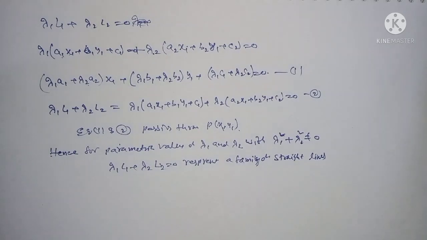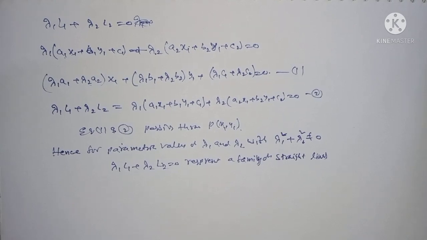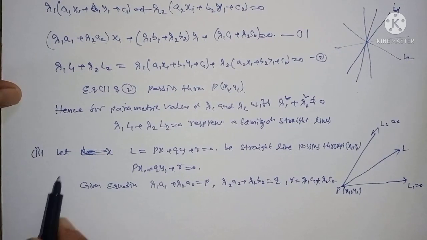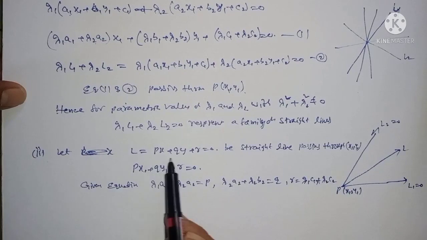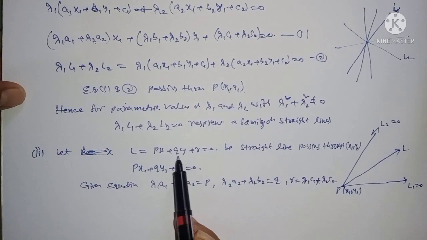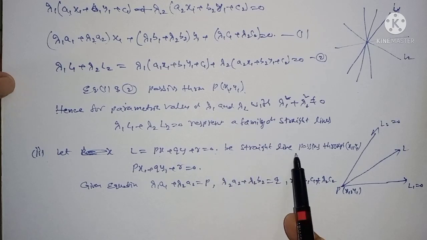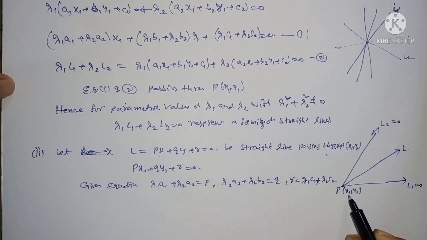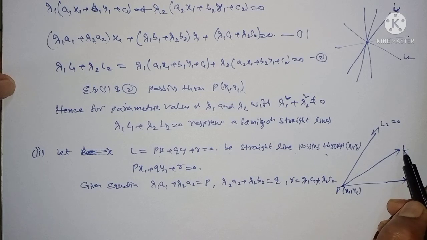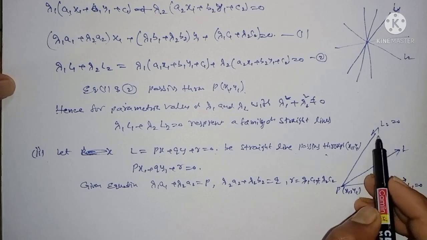Can prove conversely. See, the second one is conversely. Let L be Px plus Qy plus R is equal to 0, a straight line passing through the point P of x1 comma y1. This is a line equation. This is L1 and L2.